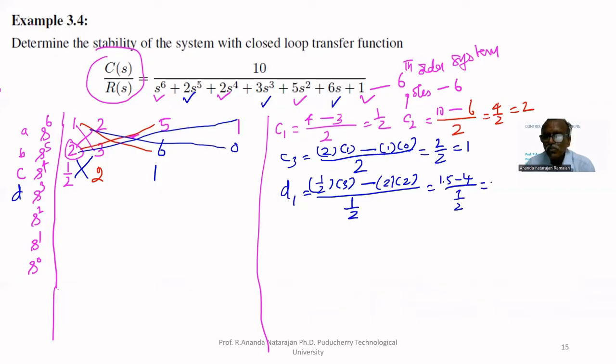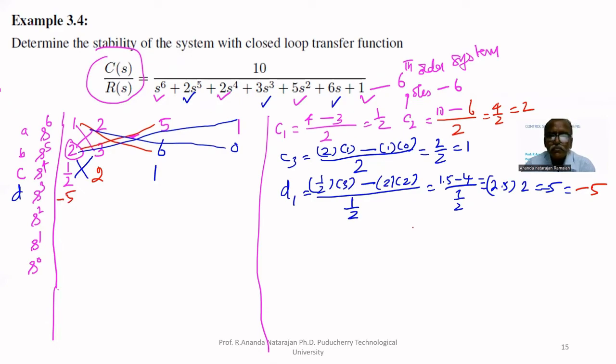That is equal to minus 2.5 multiplied by 2, equal to minus 5.